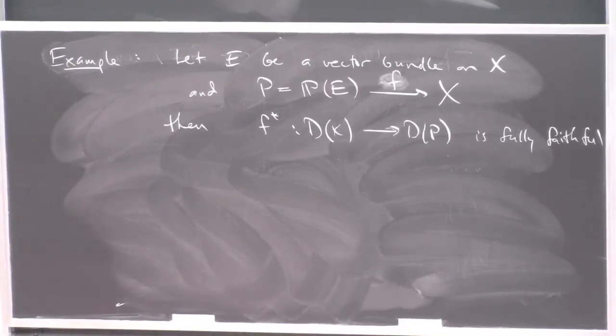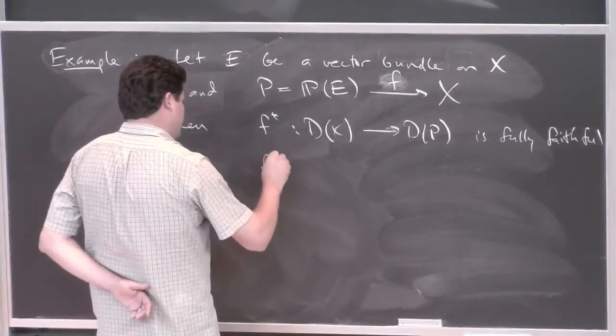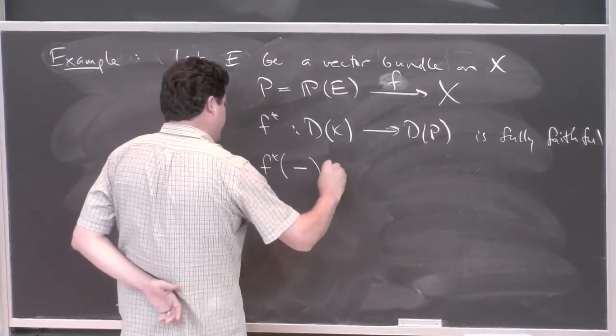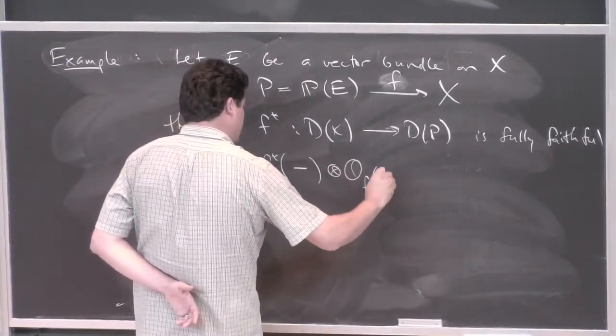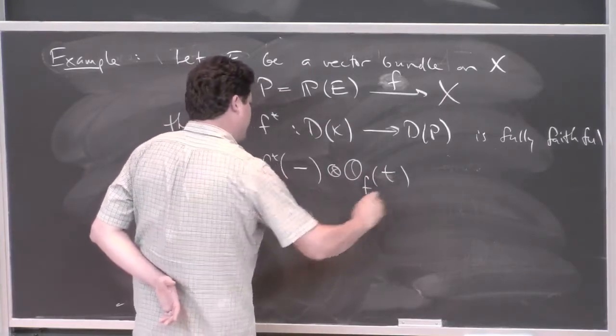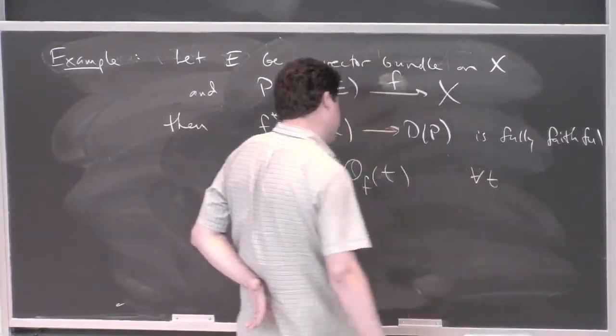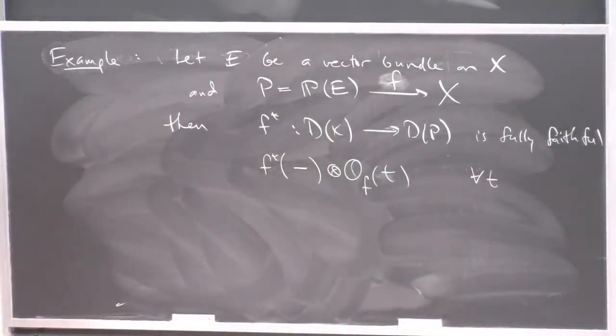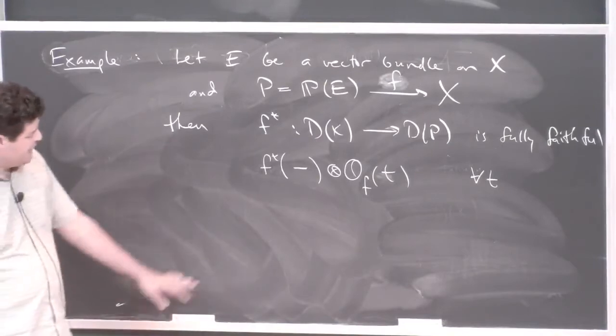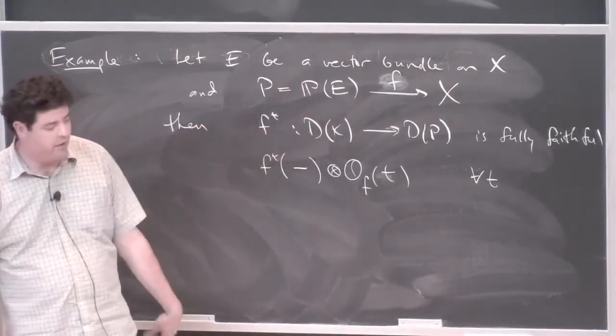And similarly, the functor where you pull something back and then tensor with the relative O of t, for all t. So relative O of t is a line bundle up here, which is O of 1 on all the fibers.